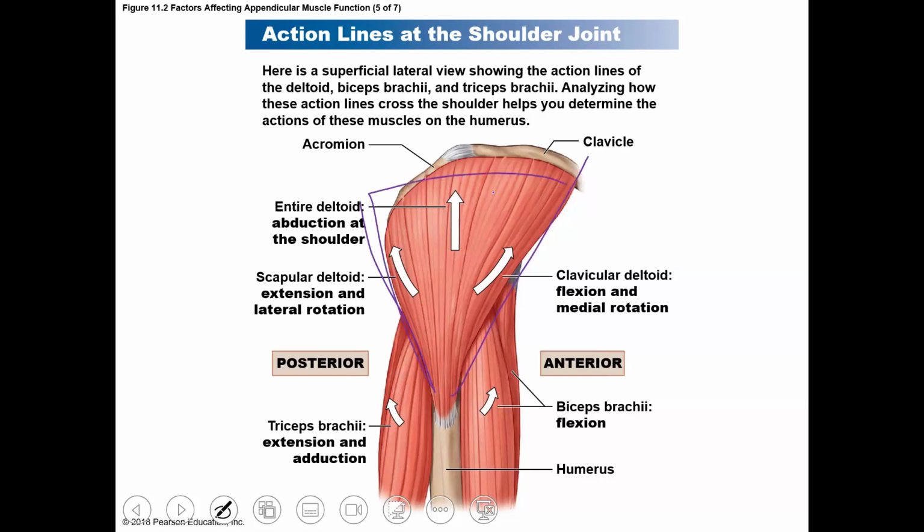Here's the deltoid, with that triangular shape. Here's a superficial lateral view showing the action lines of the deltoid, biceps brachii, and triceps for extension.